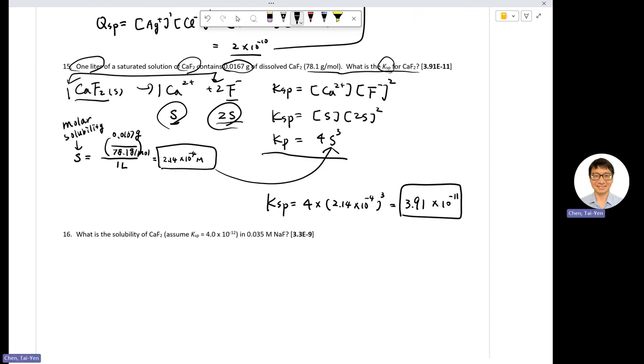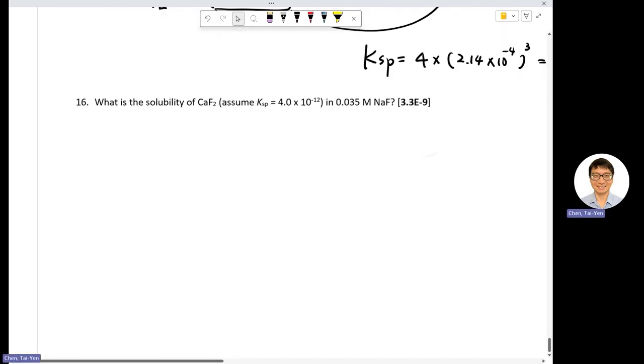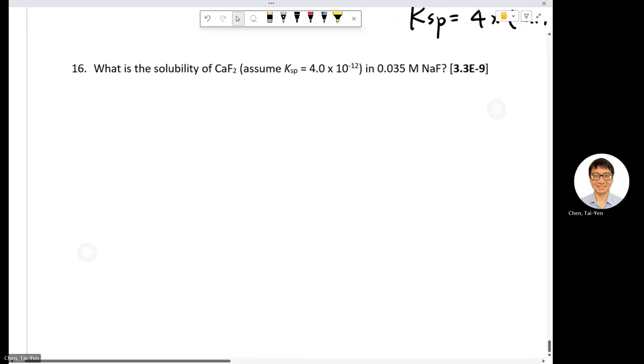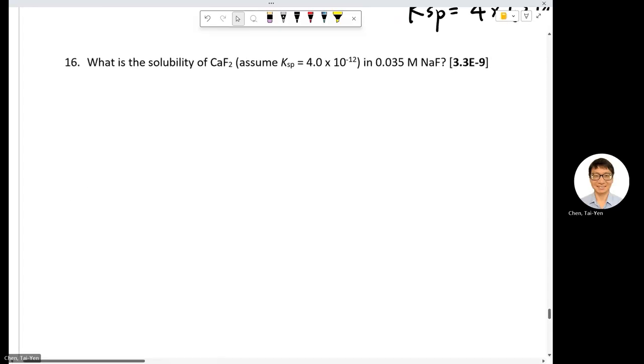All right, so any question for this one? Okay, next one. So it says, what is the solubility of CaF2 where the KSP is 4 times 10 to the negative 12 in 0.35 N of NaF? Okay, so this again is a common ion type of calculation, right?